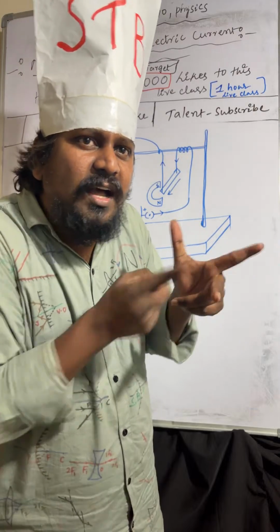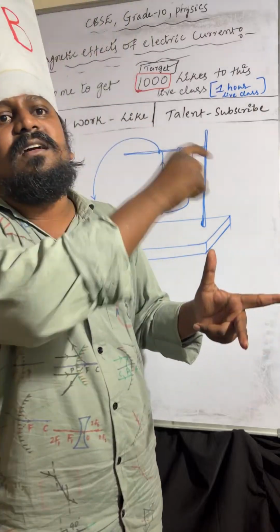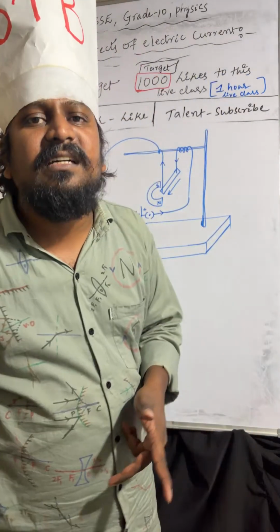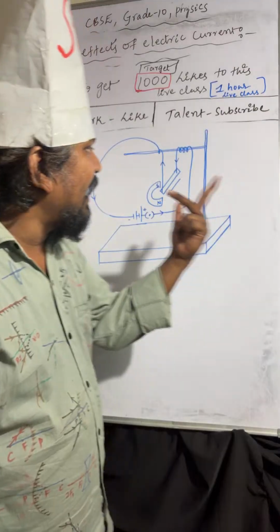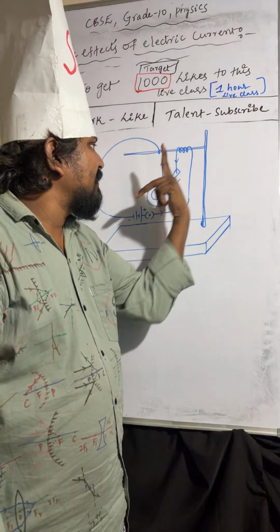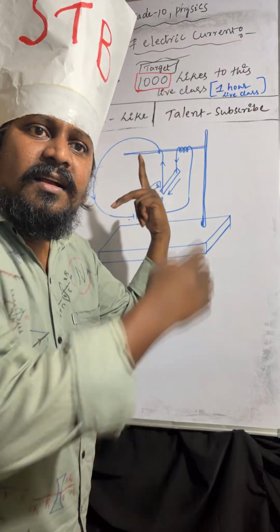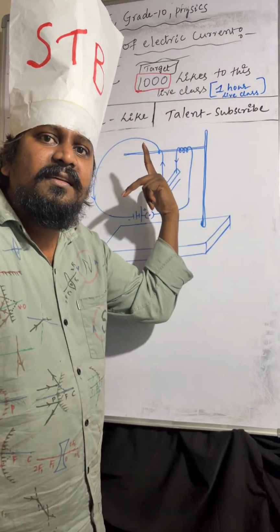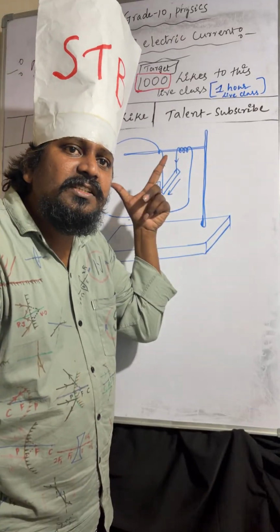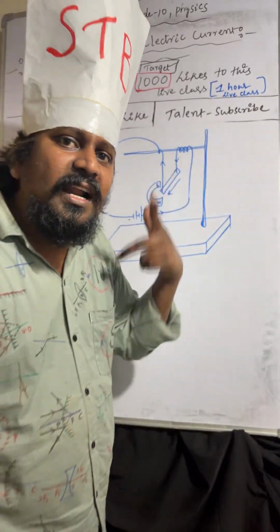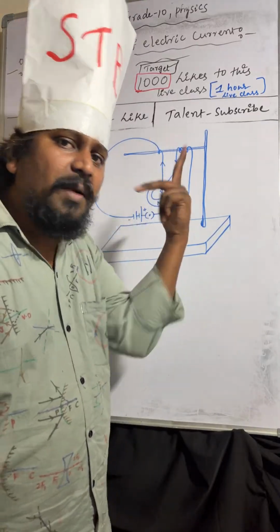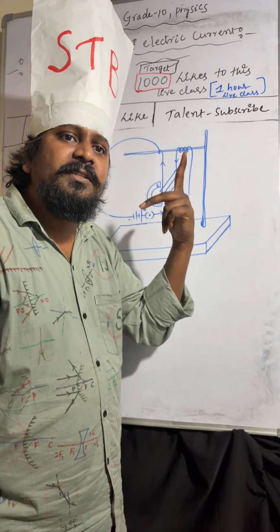With current passing and the magnetic field in place, which direction is the thumb showing, inward or outward? Inward, into the board, into the page.